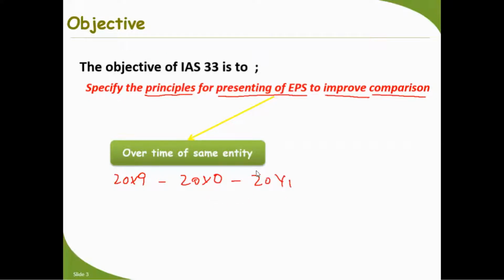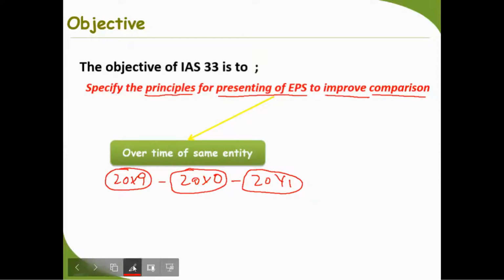In most cases, in one financial statement, we are supposed to give the comparative figure. If we are preparing a financial statement for 20y1, the comparative figure would be 20y0. If we are preparing the financial statement for 20y0, then 20x9 would be the comparative figure. So that is over time of the same entity.